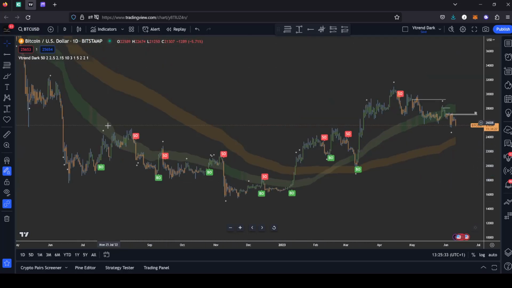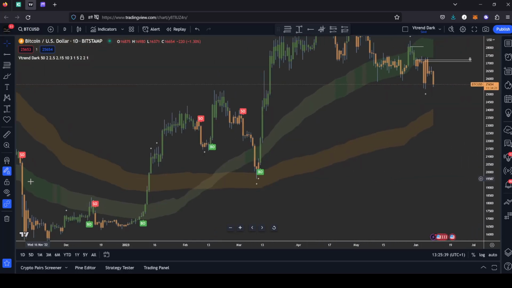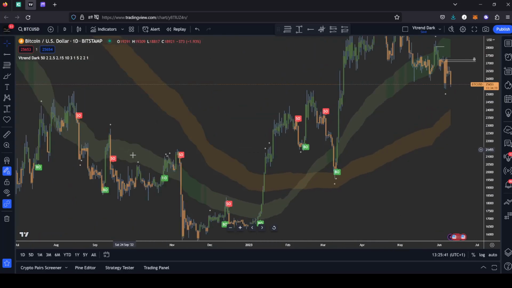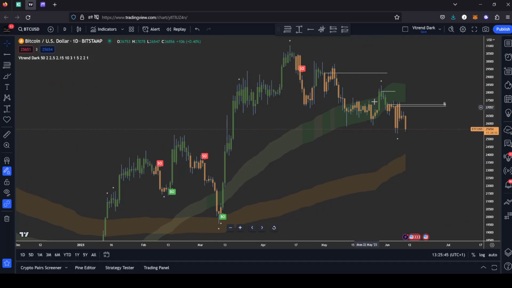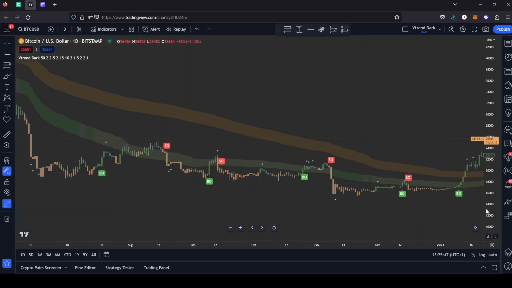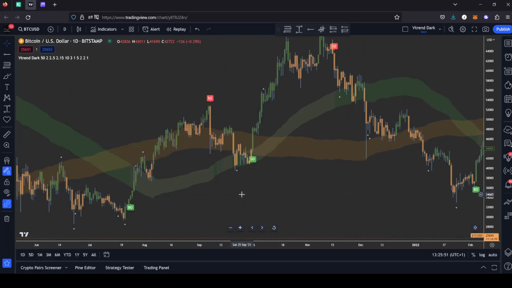And combine these signals with the volume band as well. So this is a magnet for price, more so the green one. Because price, you can see price tests it again and again and again. Like most mean reversion types, it will always test it.